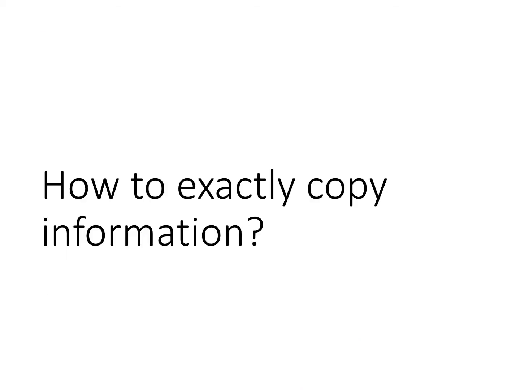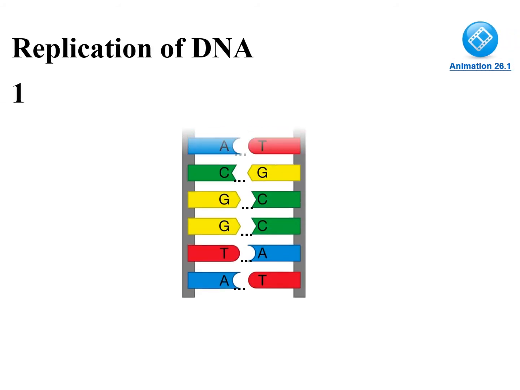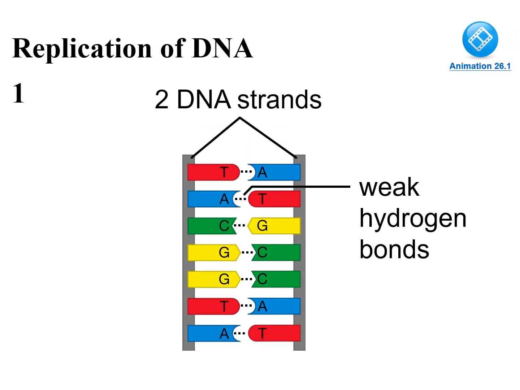In the following slides, I'm going to show you how exactly DNA copies itself to make another DNA. Showing the diagram here, you see a DNA molecule. It has left and right DNA strands, and in the middle it is held by some very weak hydrogen bonds.